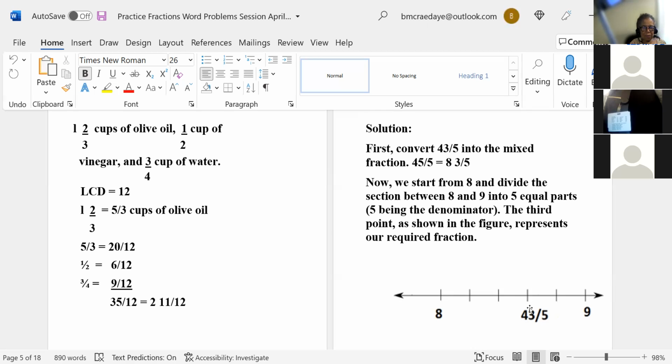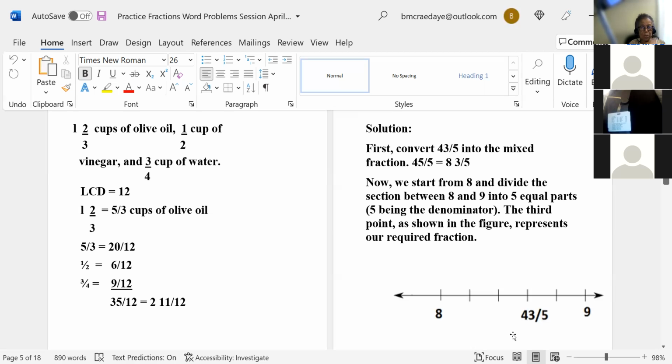Can you please repeat that? Okay. Sorry. 43 over 5, that's an improper fraction, right? We want to show that improper fraction on a number line. So first we convert it to a mixed number. 5 into 43 is 8 times with a 3 remainder. So it's 8 and 3/5. So we go to our number line and we know 8 and 3/5 has to be between 8 and 9, right?